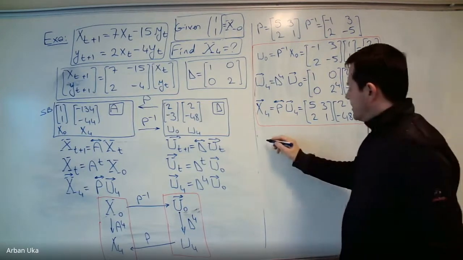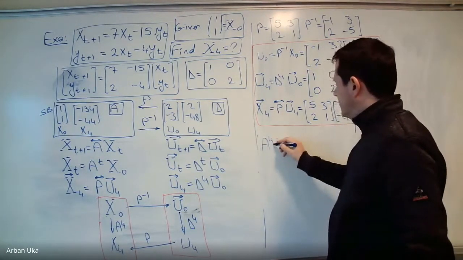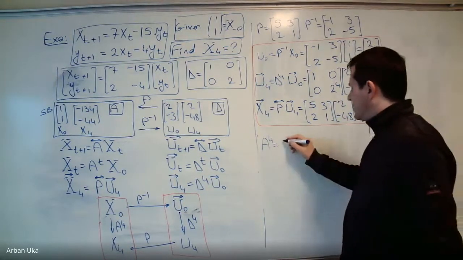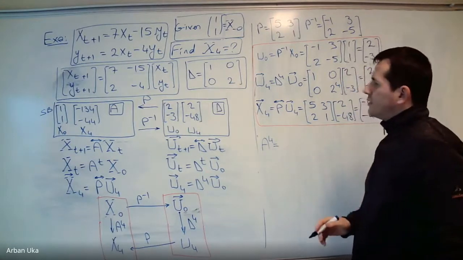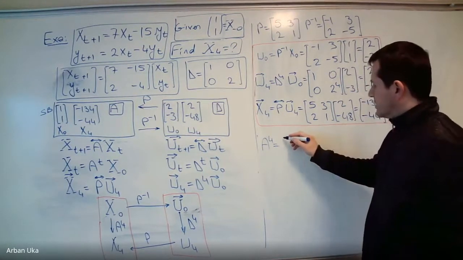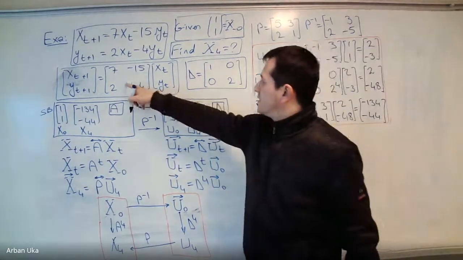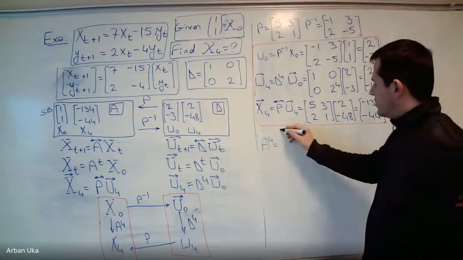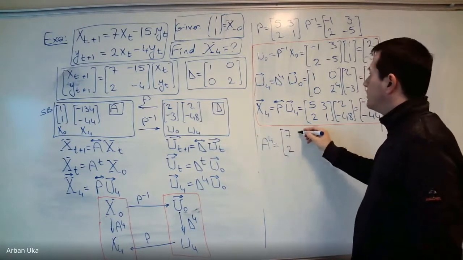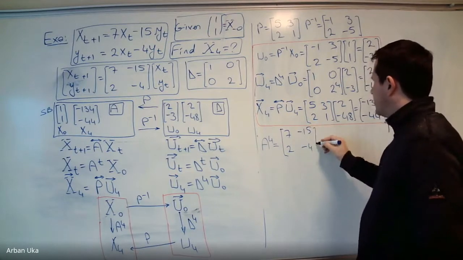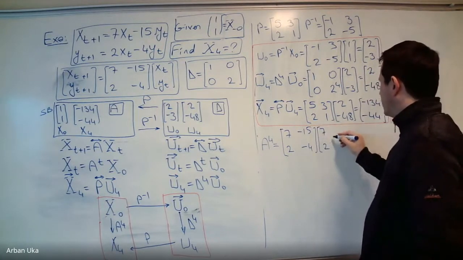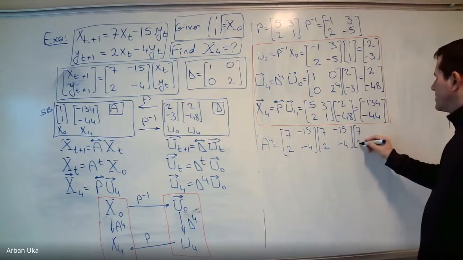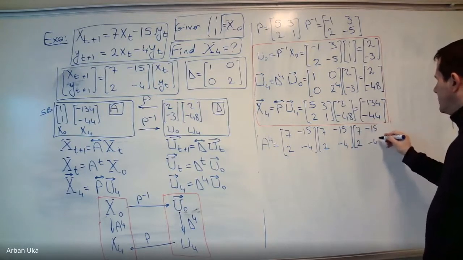So let's see, what is A to the power 4? What is the relationship between A and D? Actually we can do it two ways. We can multiply this with itself again and again: 7, 2, minus 15, minus 4 multiplied by 7, 2, minus 15, minus 4, and again, and again.